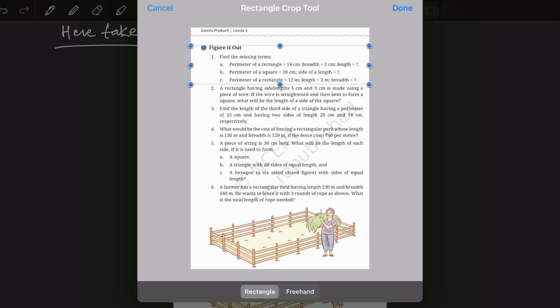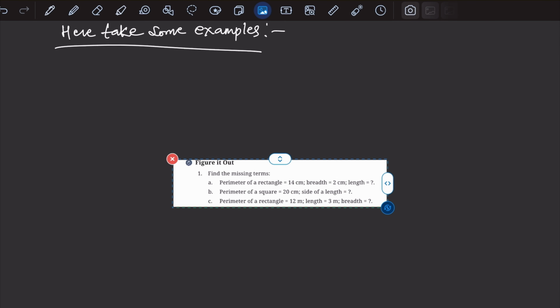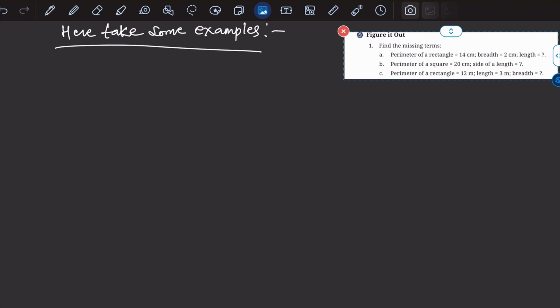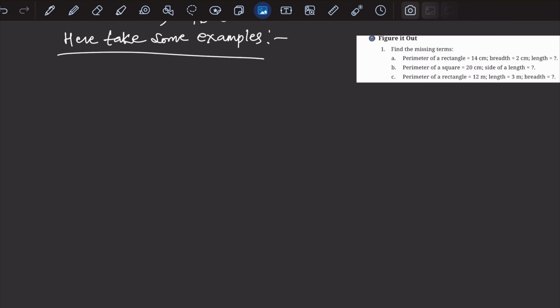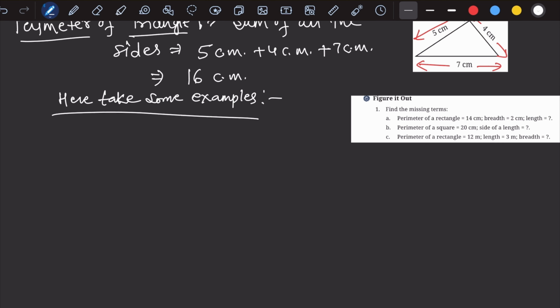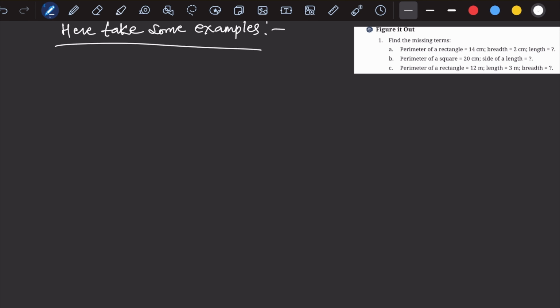So this is the first exercise. Okay, so let's suppose it is given in the question. This is the part A of the first question. Perimeter of a rectangle is given. Okay, so we will write down the given values.